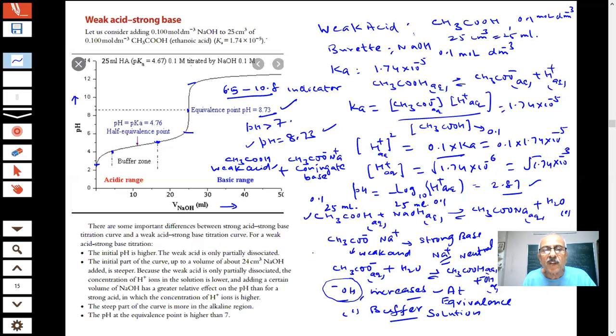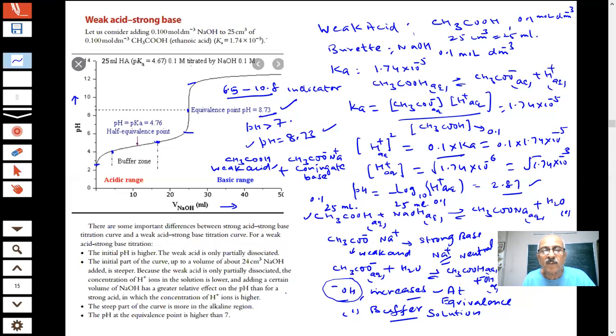The initial part of the curve up to volume 24 is steeper because the weak acid is only partially ionized. For a strong acid, the curve is steeper till 24 milliliters. But for a weak acid, the initial part of the curve up to 24 cm³ added is steeper because the weak acid is only partially dissociated.